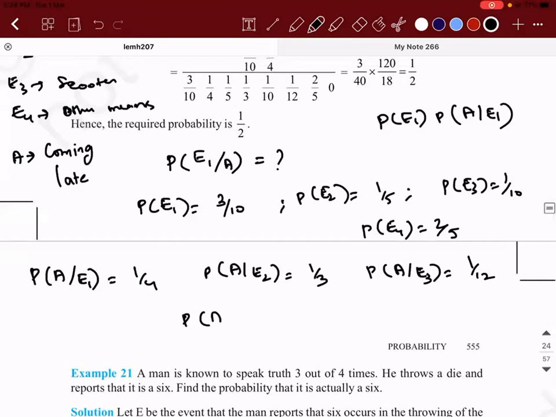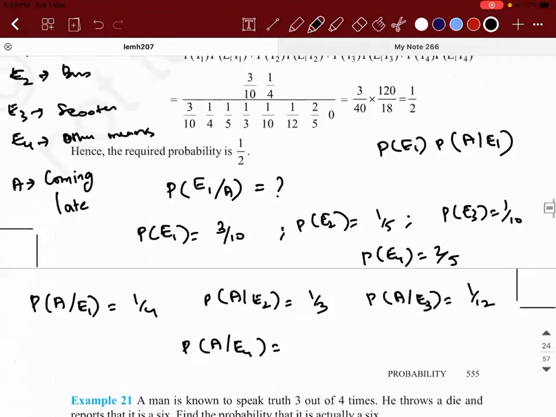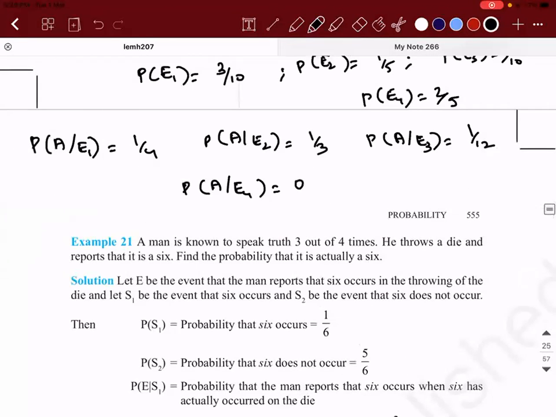And what is the probability of A given E4? So what is the probability he is late given that he comes by other means of transport? So he will not be late at all. So the answer will be 0. Now you got all the values. Will you be able to substitute and find the answer?